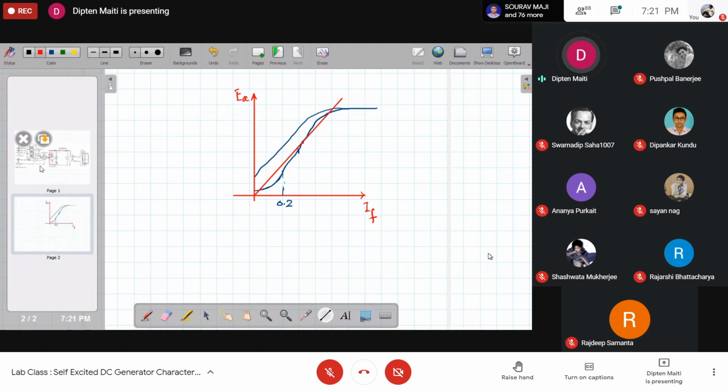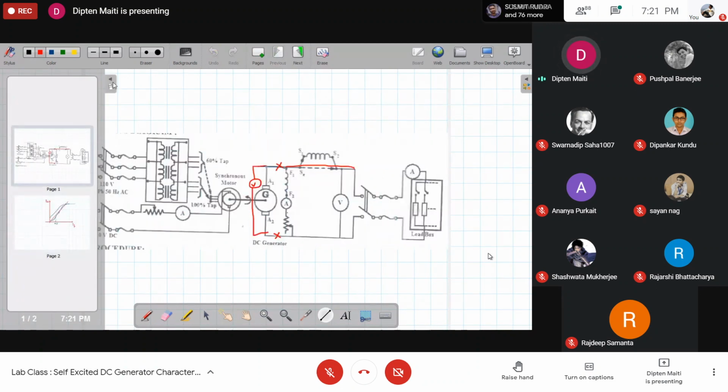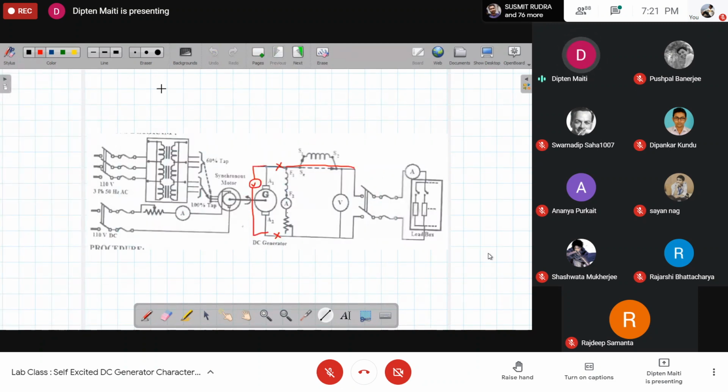Now let's move to the next run, where we would go for the external characteristics. External characteristics are the characteristics of terminal voltage with respect to the variation of the load current.